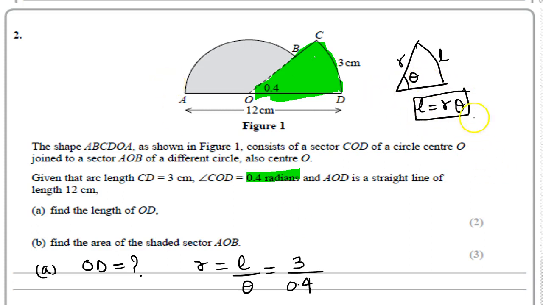If you put this value in a calculator, you get 0.75. Sorry, it is by mistake. 3 divided by 0.4 will be 7.5.